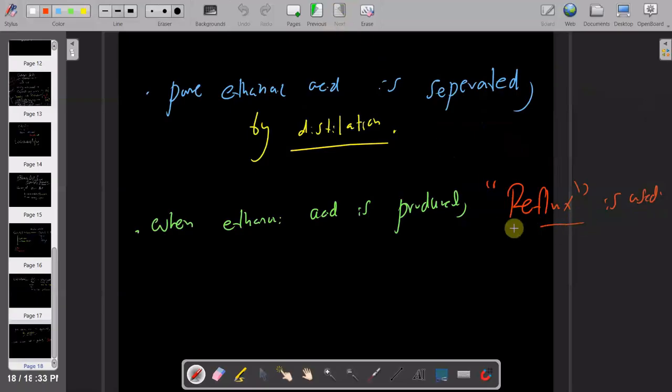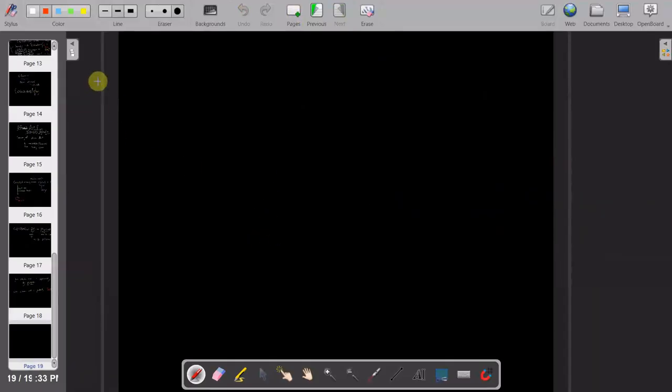Reflux is something similar to distillation, but the only difference is that in distillation compounds are separated, but here we don't separate them. What is separated as steam is poured back into the mixture, right? For example, this is the cross section of the reflux diagram.